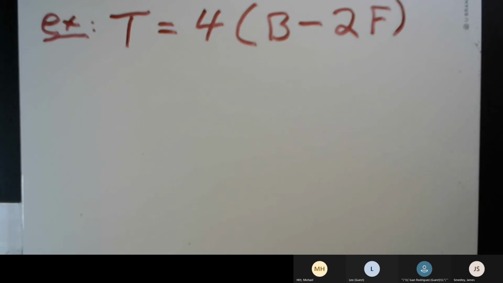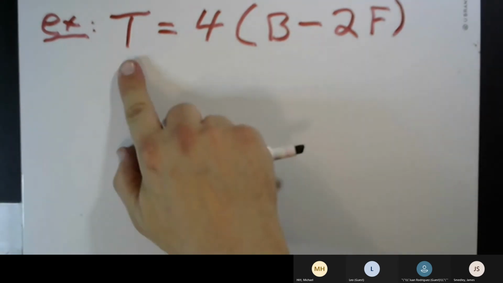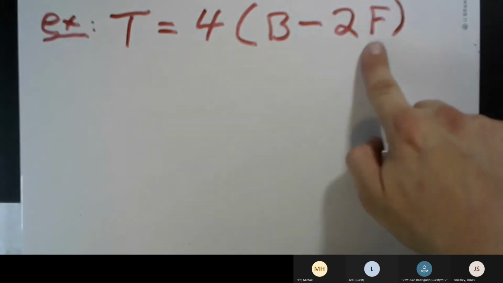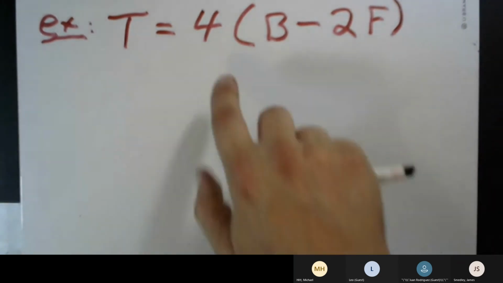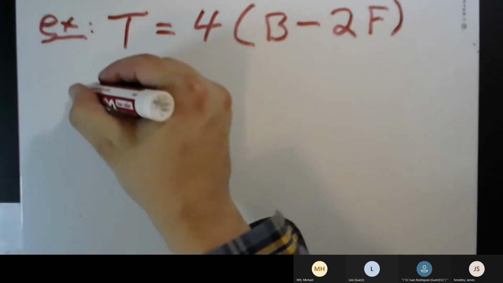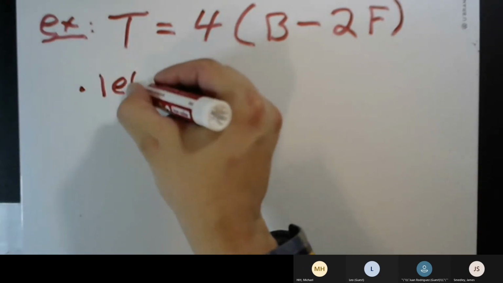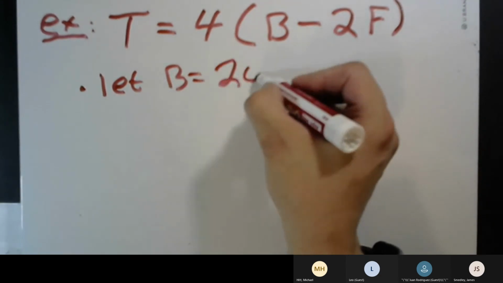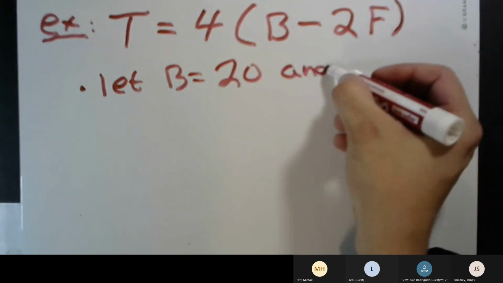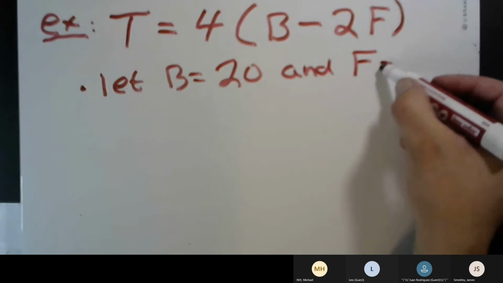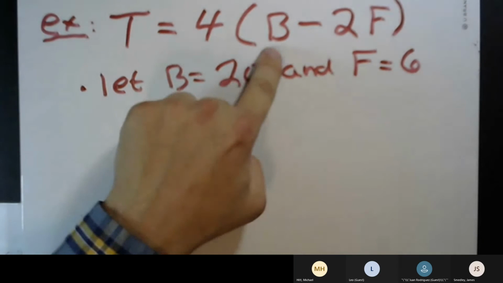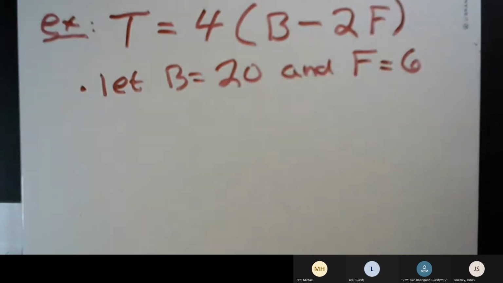But here's the thing. We won't be able to know anything about T until we choose B, we choose F, and do the math. So let's just say B was 20 and F was 6. So we're going to replace B with 20, replace F with 6.